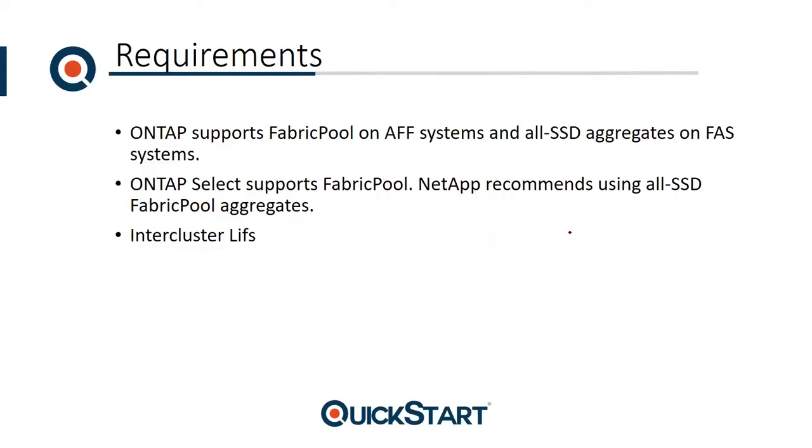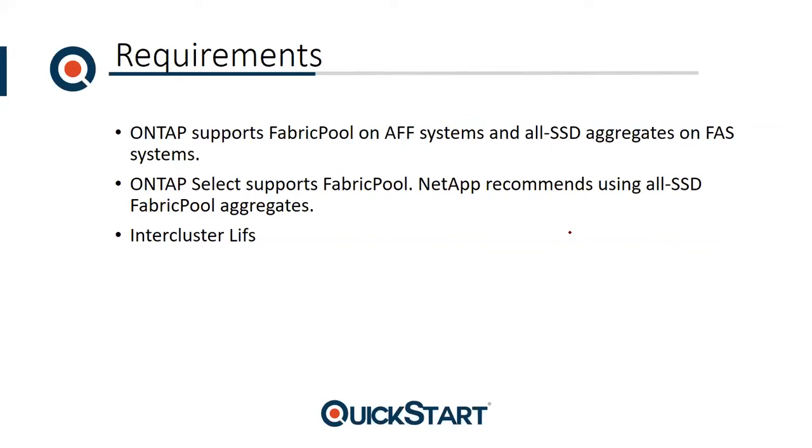So general requirements: if you have all flash systems, so AFF systems, this is actually available by default. In fact, you get about 10 gig of storage by default for this. And if you have regular FAS systems, you need to have all SSD aggregates in order to apply this. I created a pure all SSD aggregate, not a hybrid aggregate, not one that's using SATA drives for the actual storage with SSDs for caching purposes.